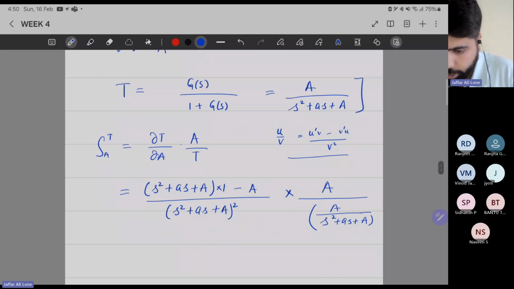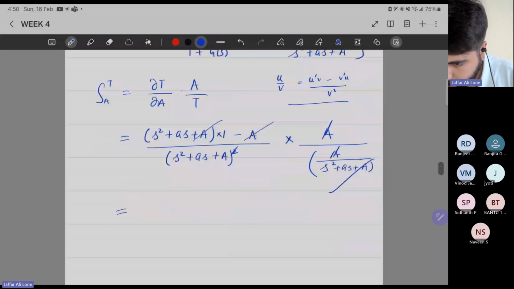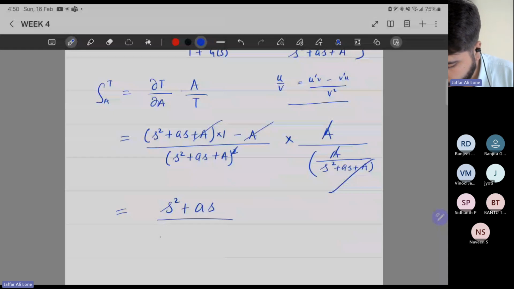After simplifying, this A and this A will go, and this will get cancelled with this one. Similarly, this A and this A will go, and my answer will be S square plus aS over S square plus aS plus A.